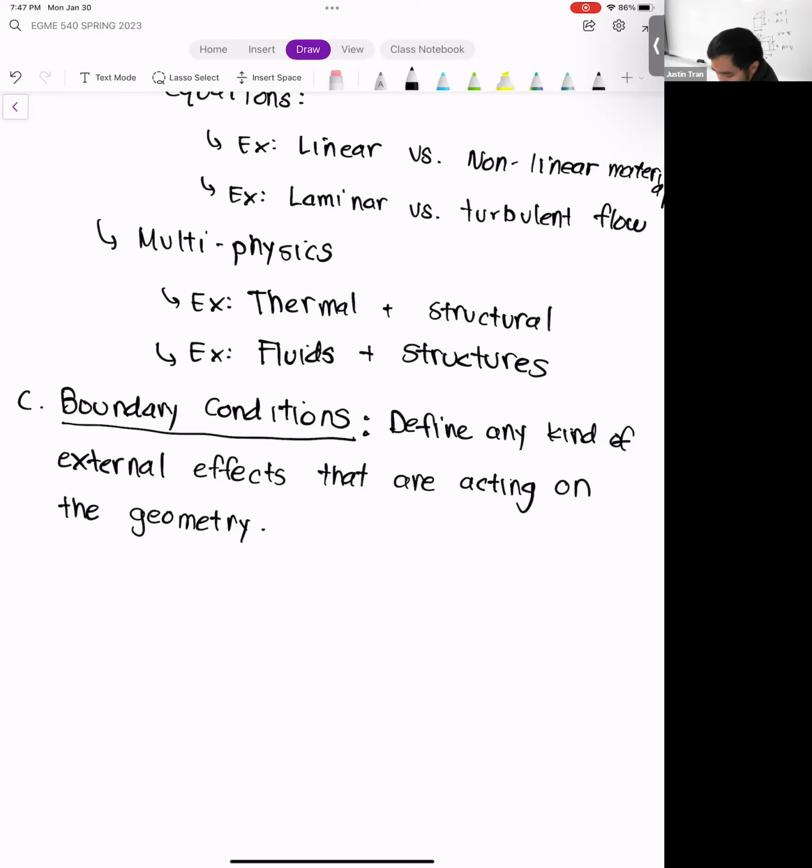The terms we'll use most often for boundary conditions are things like loads and constraints.